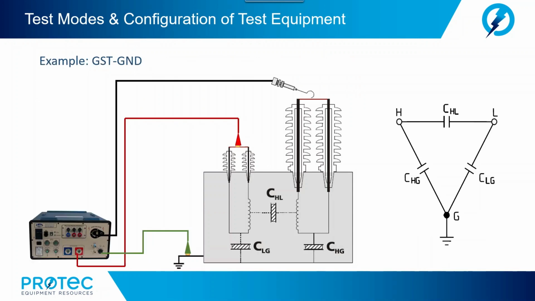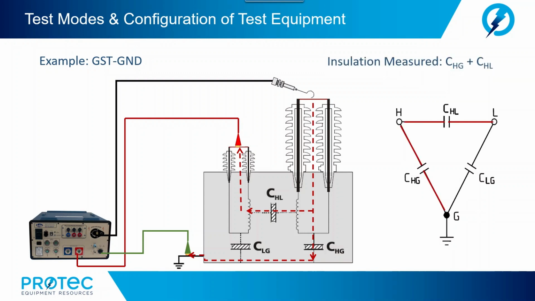So starting with our GST ground. Here, everything is being measured since it is a grounded specimen test. So we are applying potential to the high voltage leads, which is causing a current to flow between high and low, a current which is flowing from high to ground.